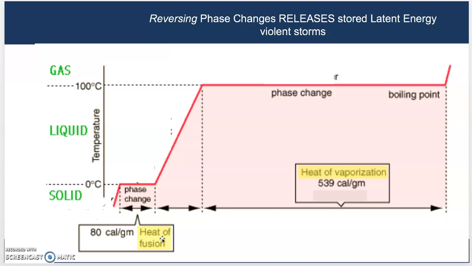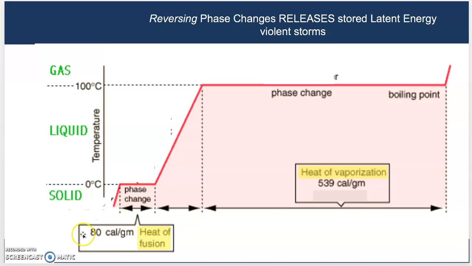We actually use a negative value when we are releasing heat out to the environment. But we call it fusion because it's like jazz fusion. It's really smooth heat that is associated with flow, like jazz fusion is, and flow is associated with water.